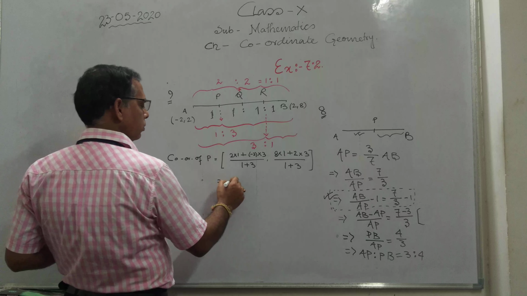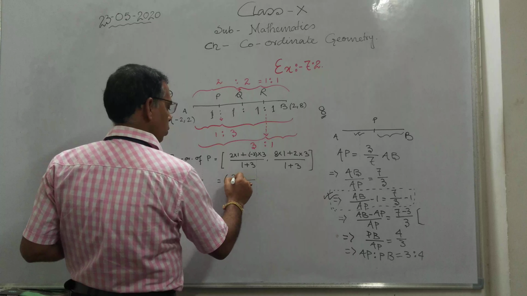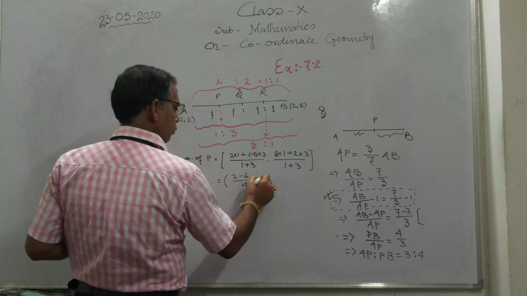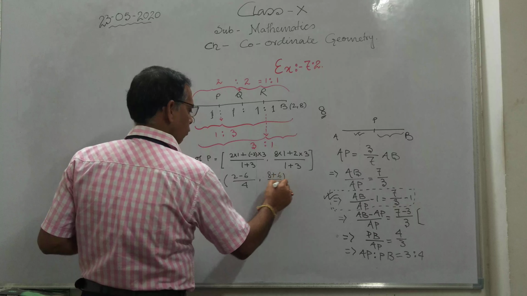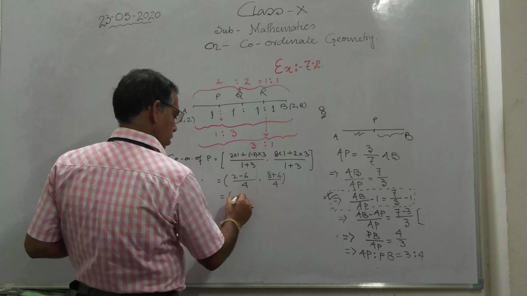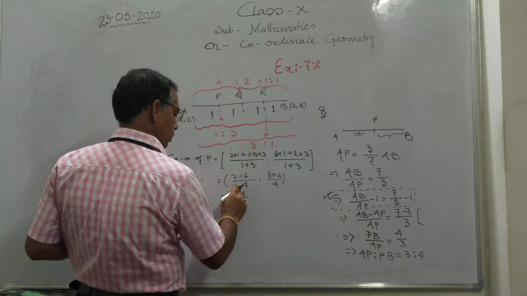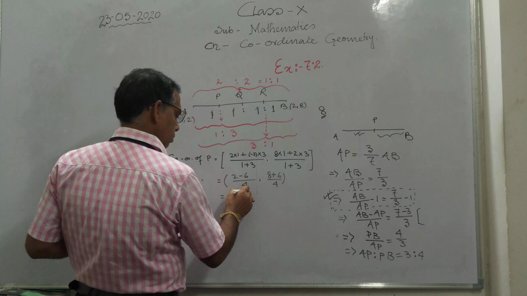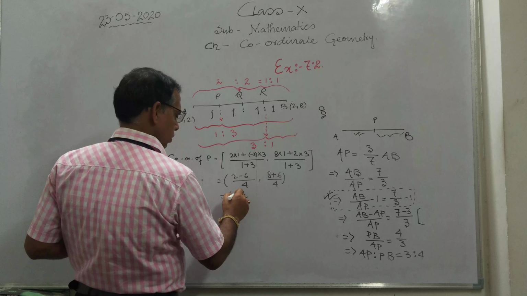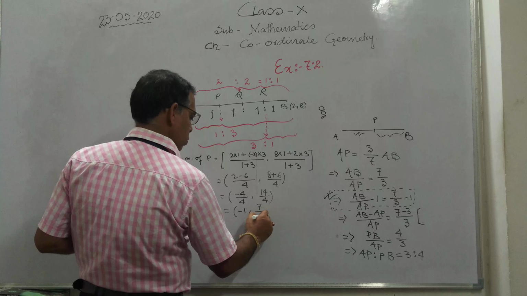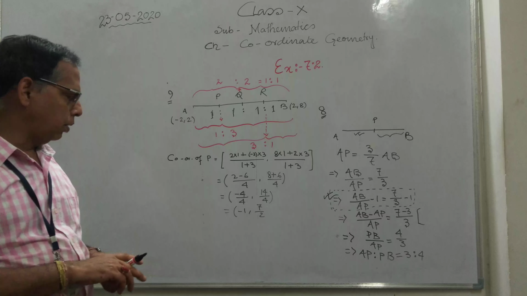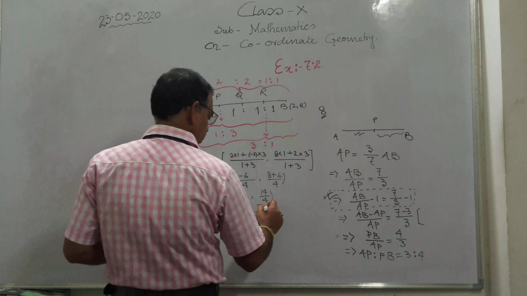Then what is that? 2 minus 6 divided by 4, comma, 8 plus 6 divided by 4. Then it will be minus 4 by 4 comma 14 by 4. So if you do the cancellation, minus 1 comma 7 by 2. This is the coordinate of P we got.